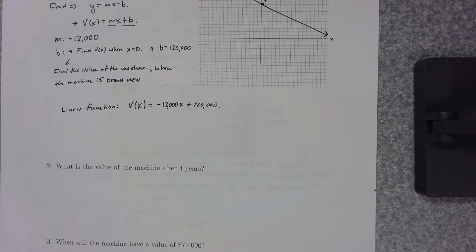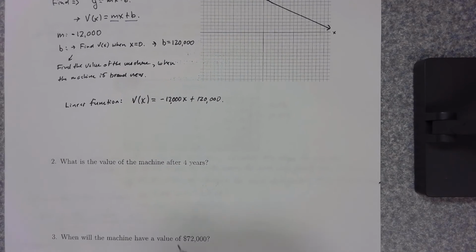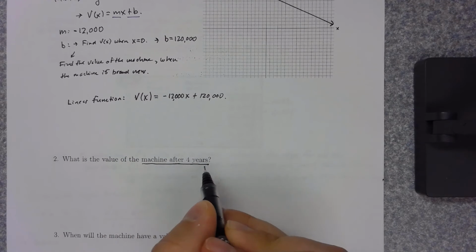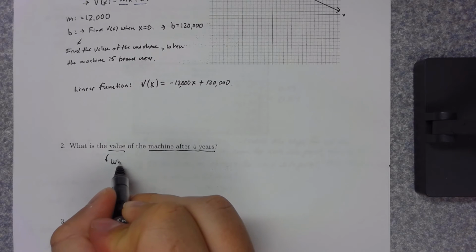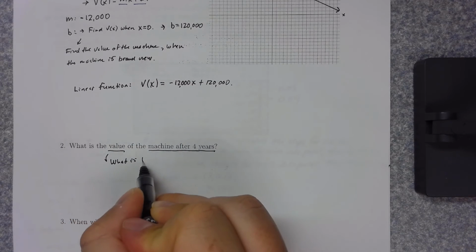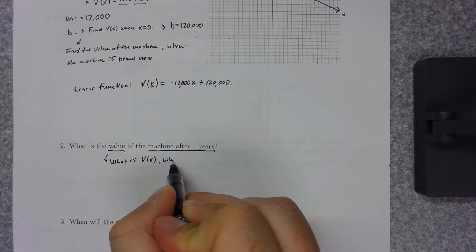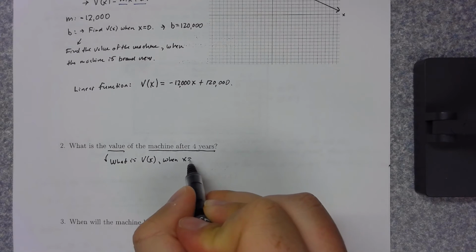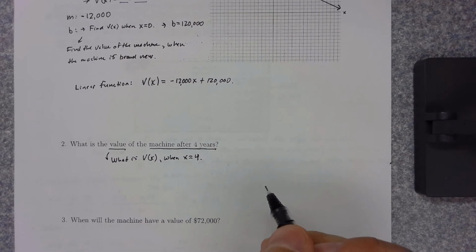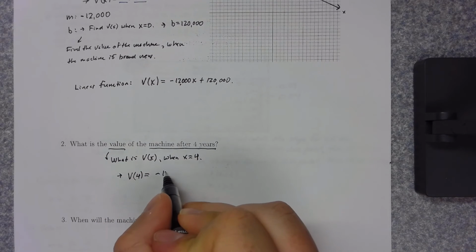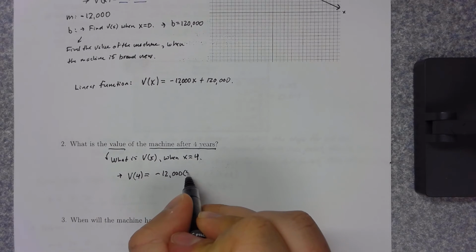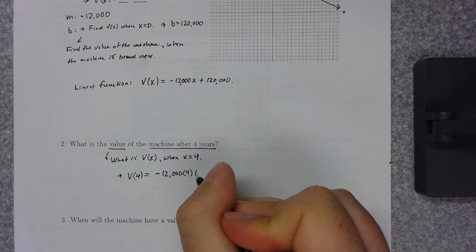So what is the value of the machine after 4 years? Well, that means I just want to find the value when x equals 4. So you just plug it into your value function. You're going to get negative 12,000 times 4 plus 120,000.